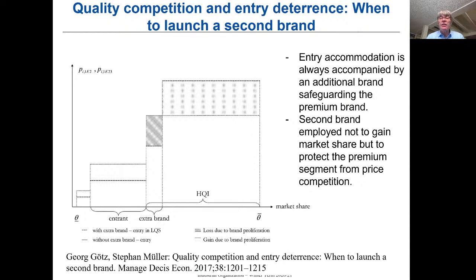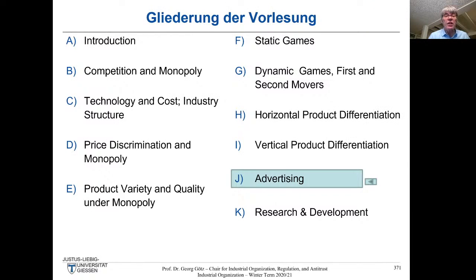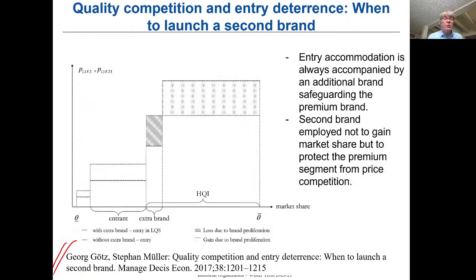Yeah, this is really the last slide here, and it just makes a little bit of advertisement, and therefore fits very well to the next topic we will discuss next week, because it advertises a paper I wrote together with Stefan Müller from the University of Göttingen, which is exactly dealing with this kind of quality differentiation.